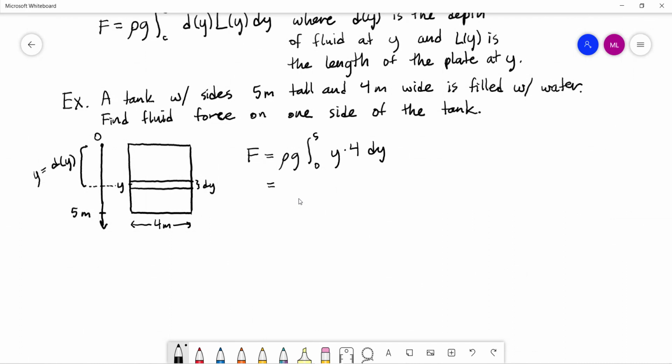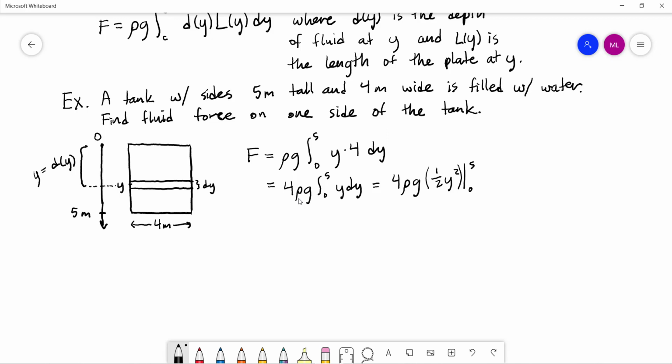We can pull that 4 out. So I've got my 4 rho g integral from 0 to 5 of y dy. When we do that integral, again, I'll have my 4 rho g. I'm going to get 1/2 y squared, and we're evaluating that between 0 and 5.